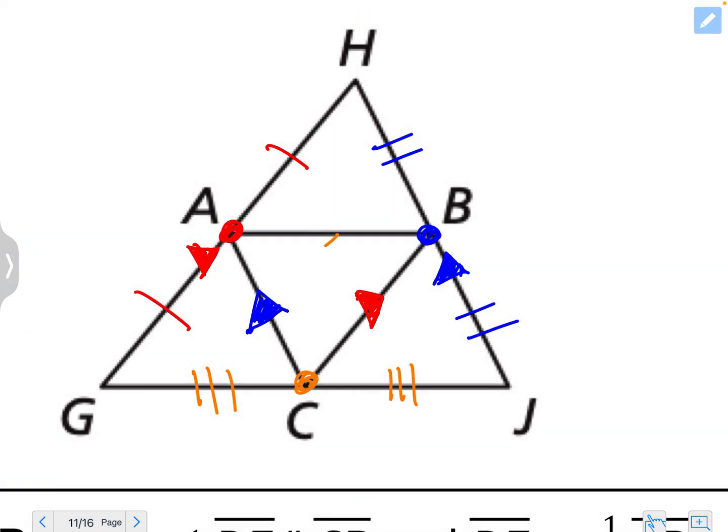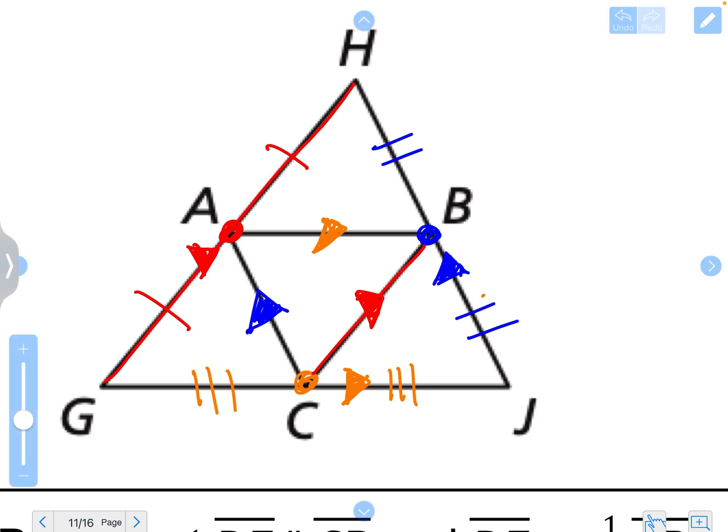And then we also know that AB is parallel to GJ. And then the next thing that we know is that BC is 1/2 of GH.